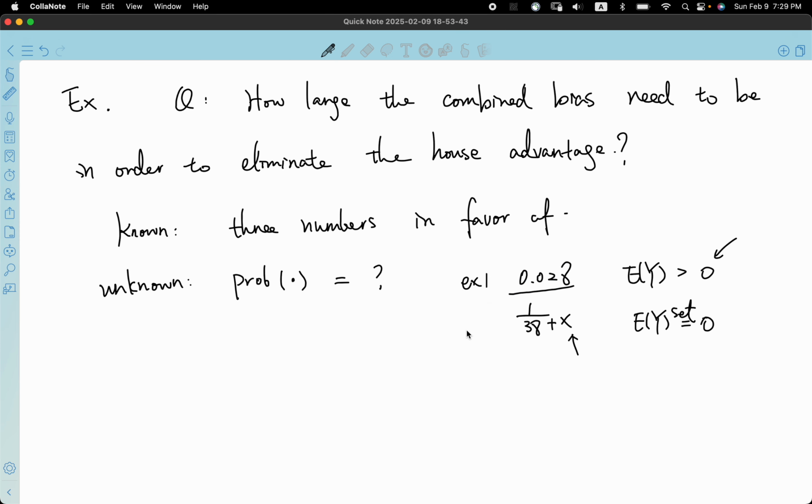This is example 1, this is example 2. Now we are going to answer this question: what the value x needs to be such that the expected profit is equal to 0. So this is the break-even case.